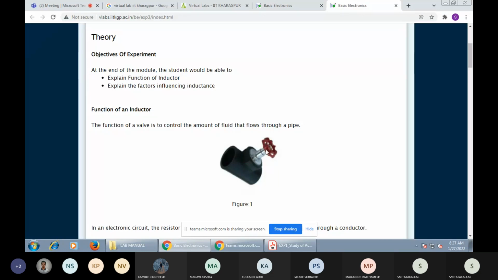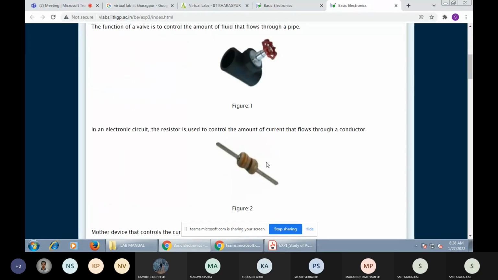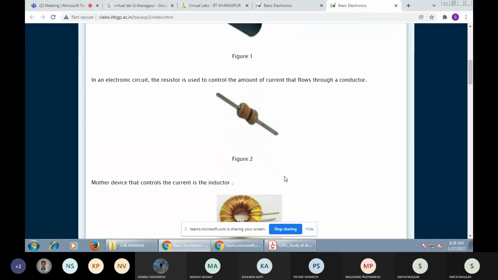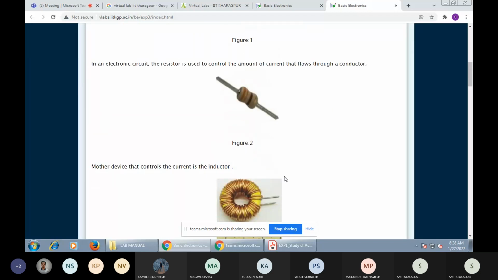A valve controls fluid like water, gas, any type of liquid, through the pipe. This is similar to the resistor. You can find out the color coding, orange, brown, and gold, for the particular resistor.